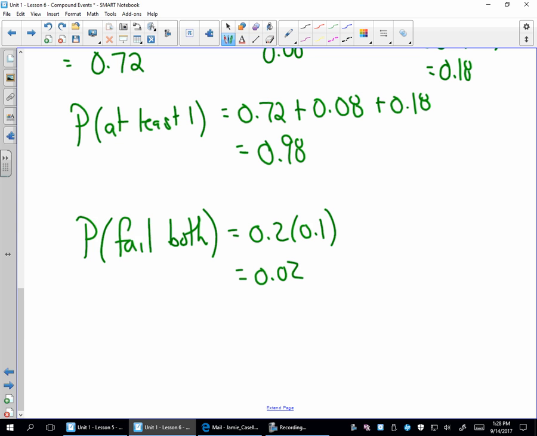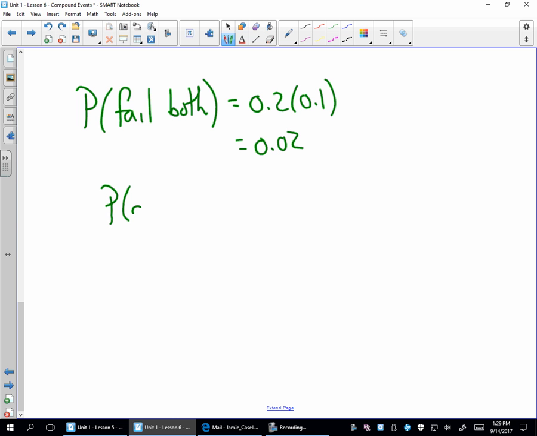Well, passing at least one of his classes means that he didn't fail both. In other words, it's the complement. If I want to pass at least 1, I should be able to take the total, which is 100%, or in other words 1, and get rid of what I don't want, failing both, and I'll be left with what I do want.